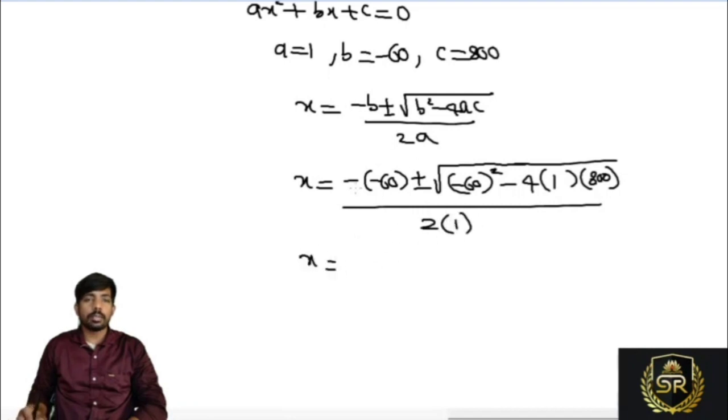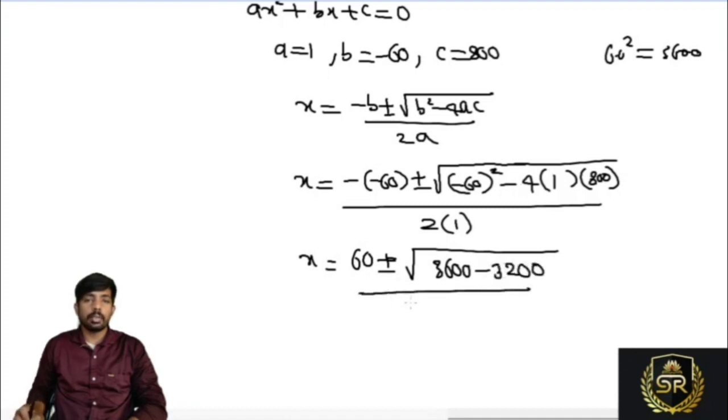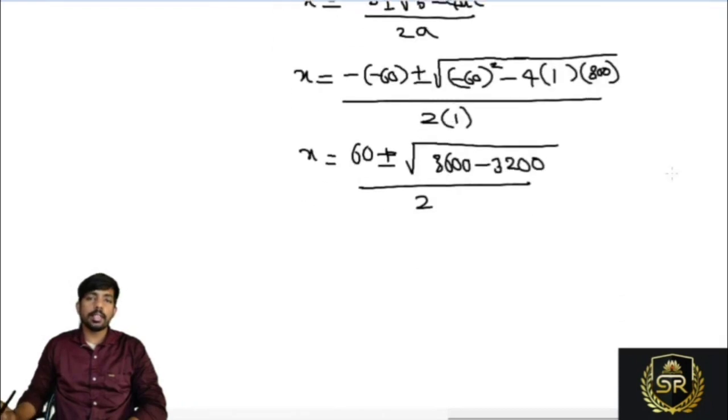So x equals 60 plus or minus root over 3600 minus 3200 by 2. 3600 minus 3200 is 400.